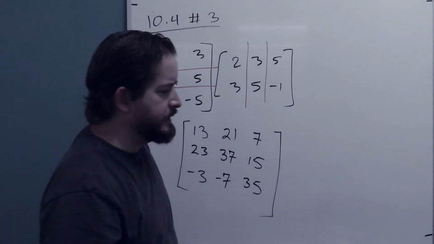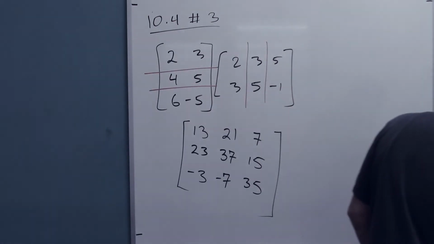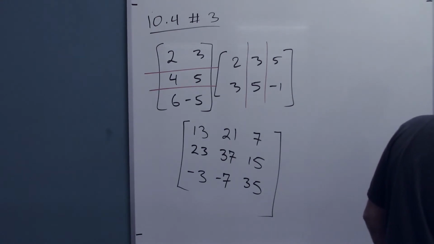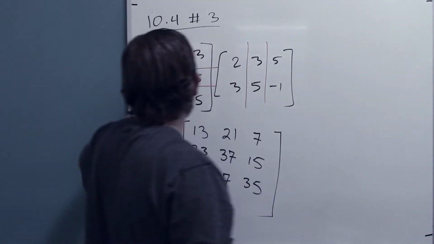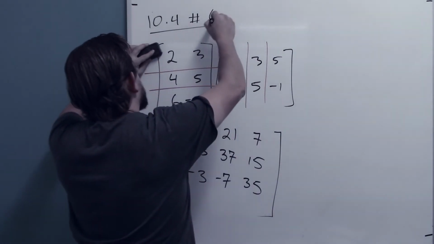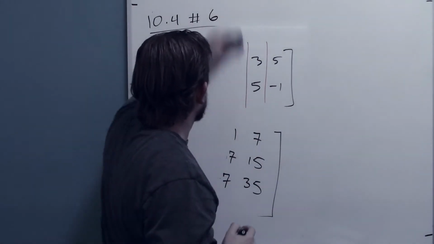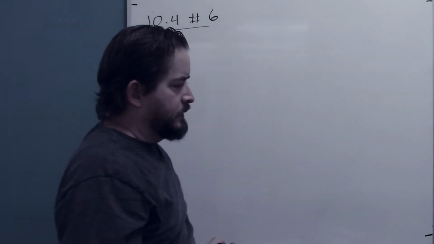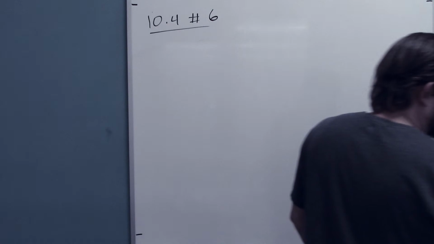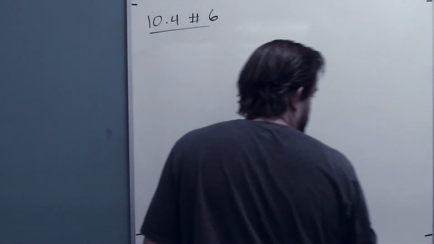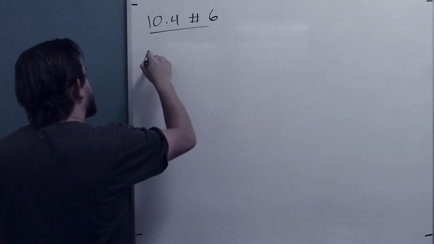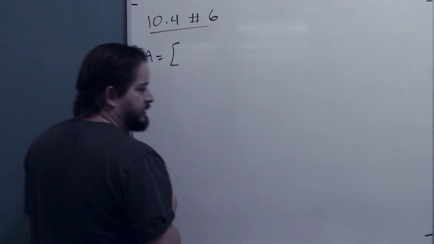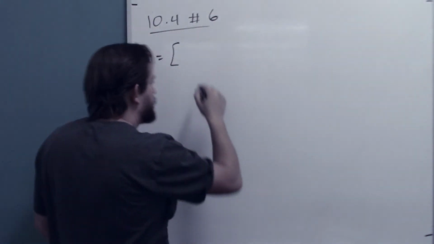All right, let's look at number 6. It says for the matrices A and B, A is 2, 3, negative 1, 5.